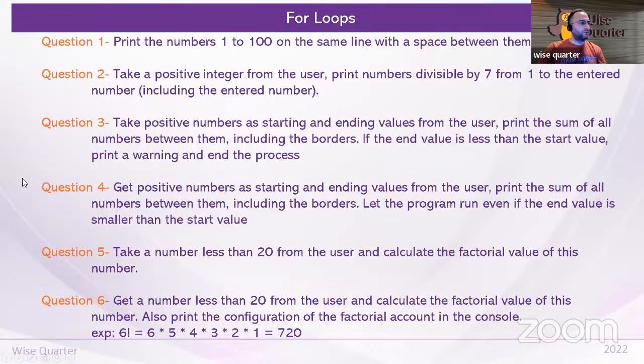We have the questions. Print the numbers 1 to 100 on the same line with a space between them. We did this one, I think. Let me check. I couldn't find it.